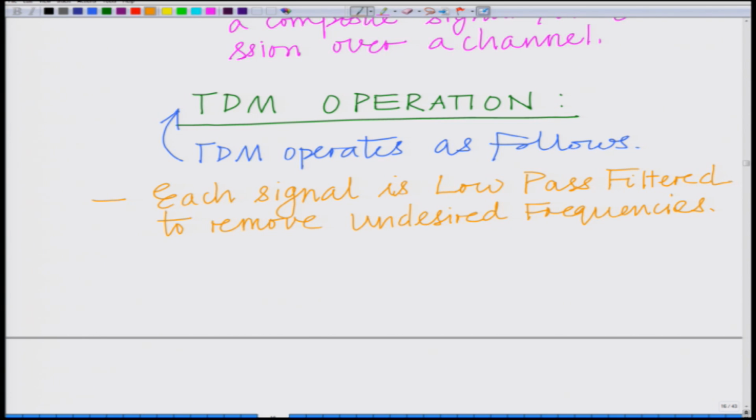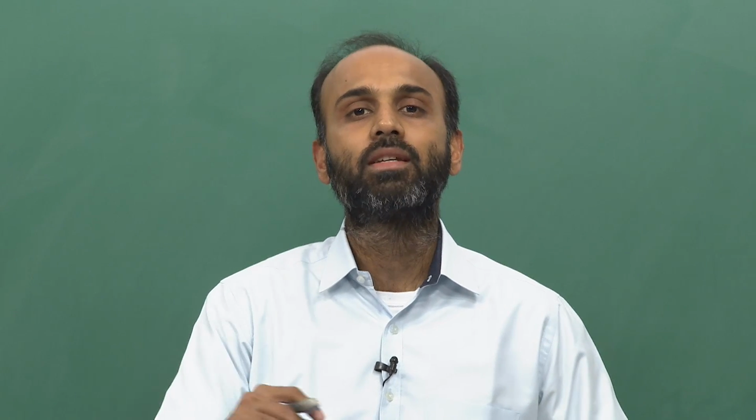The signals to be multiplexed are then applied to a commutator, which alternately samples the different signals to be multiplexed. The commutator is a high speed switching device which alternately samples each of these signals.